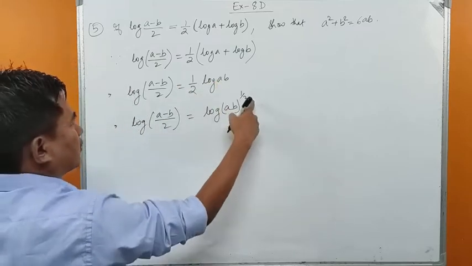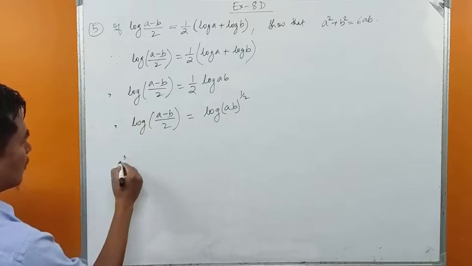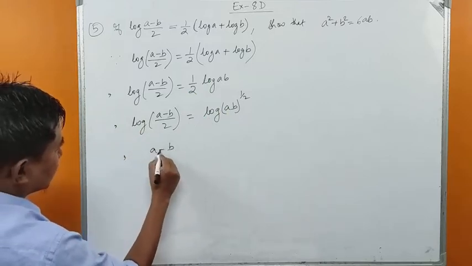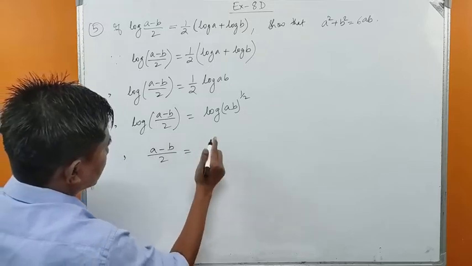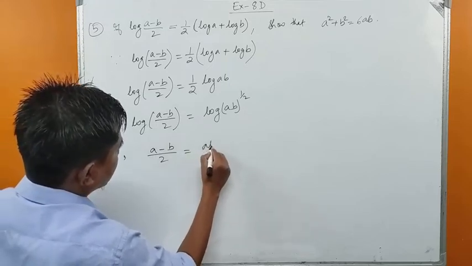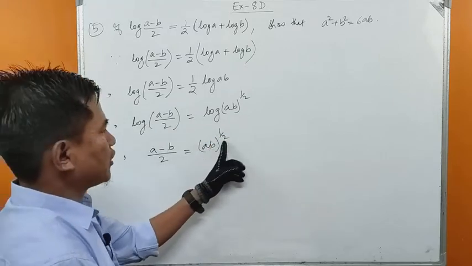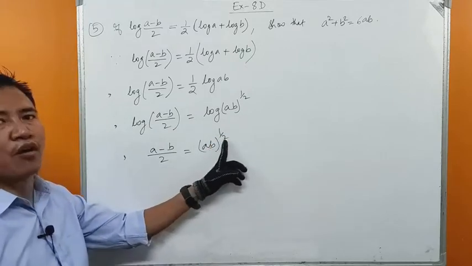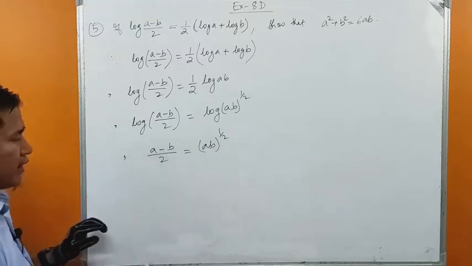Now we leave log from both the sides, or (a minus b) upon 2 equals ab raised to power 1 by 2. Power 1 by 2 means root, isn't it?